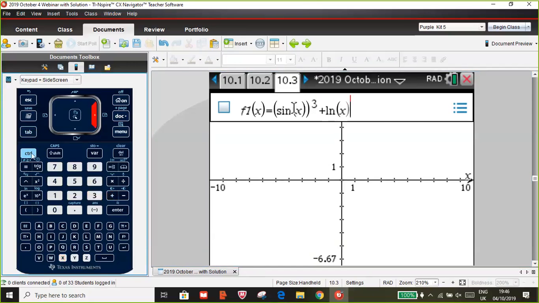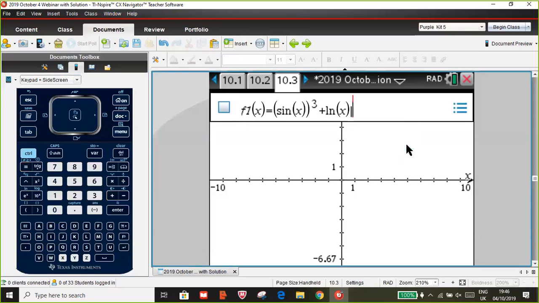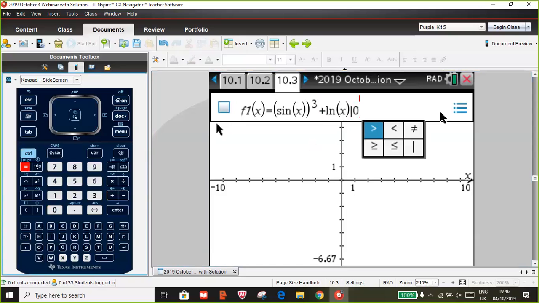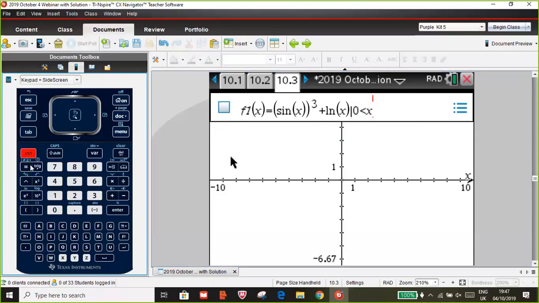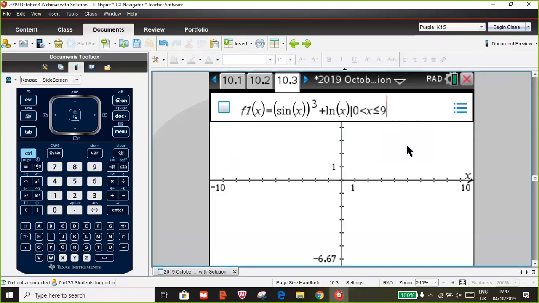Every year, every exam session, they test restricted domain without fail. So far, okay. I like this calculator because it's so powerful. You can do so many things with this.